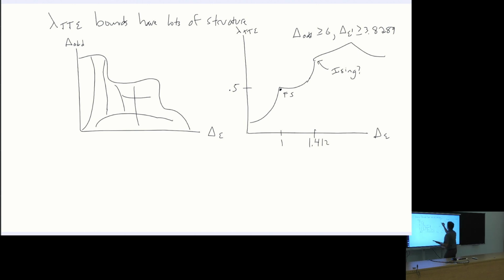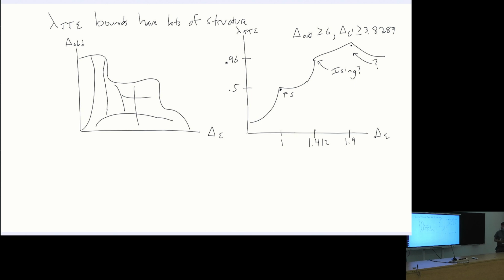And on the y-axis, it picks out some value of this OPE coefficient, the TT epsilon OPE coefficient. Then there's actually a third kink up here, which we don't currently understand the interpretation of. So that delta epsilon is around 1.9. And so understanding that is something for, I think, future research.